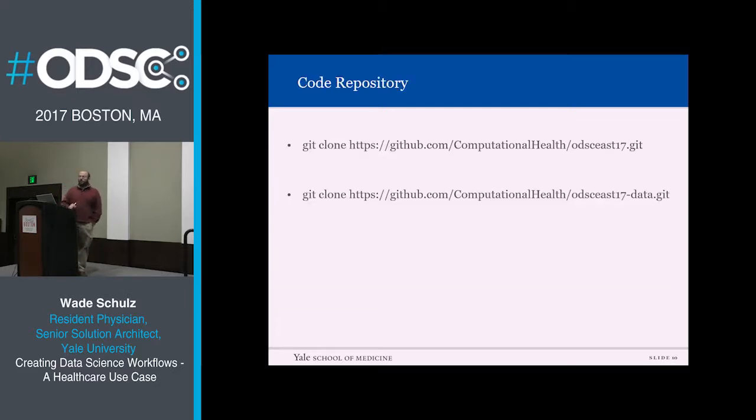One last time before we move on, I'll put up the GitHub addresses: ODSC East17 for the code, and then ODSC East17-data for the other repository, which is about 1 megabyte compressed and 5 megabytes once you unzip it. So if you think you might have network issues, or just want the data that you can upload at the end for analysis, this has a CSV with about 10,000 lab values that we generated the other day so that you can import them directly into HDFS.